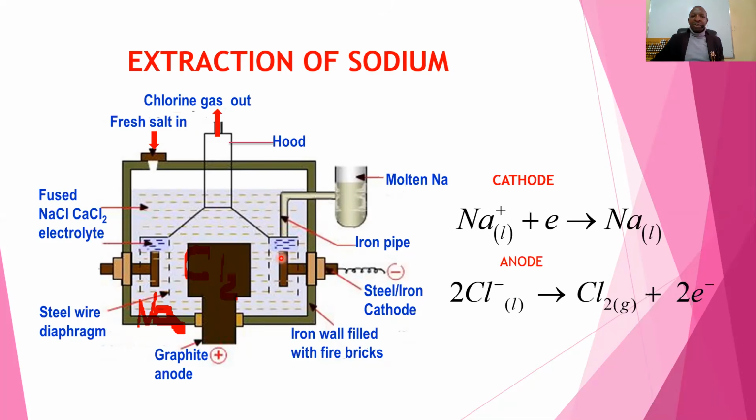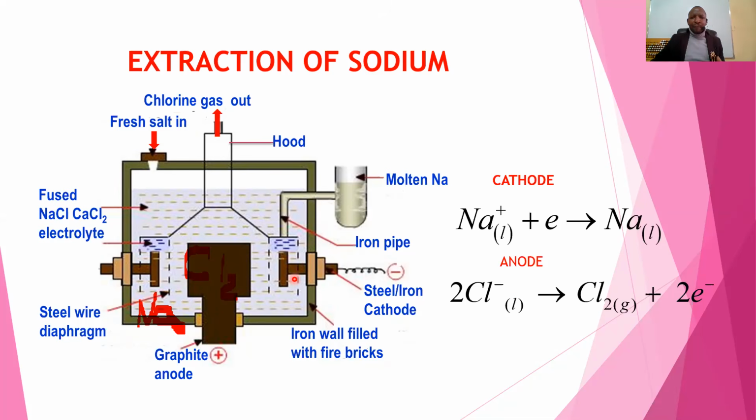So sodium ions are in higher concentration and they are going to be selectively discharged, and not calcium. That is point number one. Number two, sodium is lower in the electrochemical series than calcium. Therefore, again, it's going to be preferentially, or rather selectively, discharged.